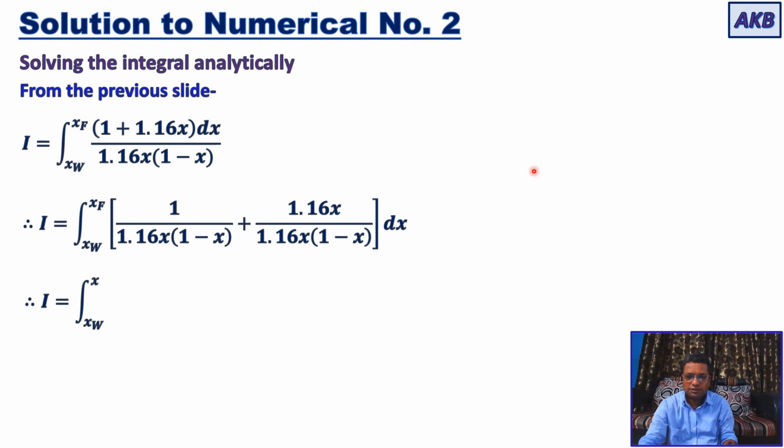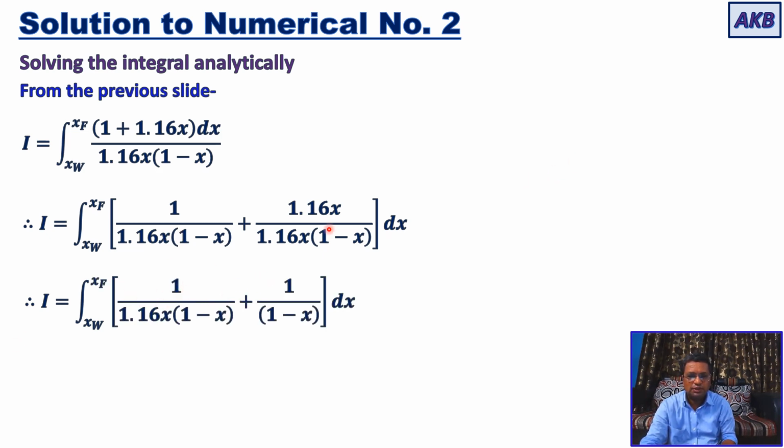Okay, next, now I'll write it like this. In the second term, 1.16x is going to get cancelled. So you have I is equal to the integral from xw to xf of 1 upon 1.16 into 1 minus x plus 1 upon 1 minus x dx. 1.16x has cancelled out.